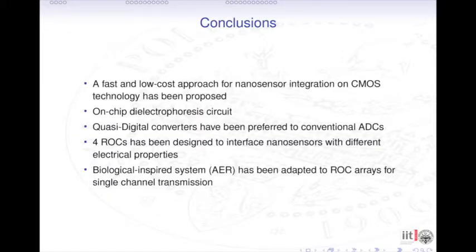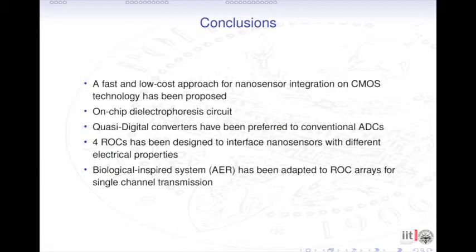Okay, taking conclusions, in this presentation I showed a fast and low-cost approach for integrating nanomaterials on CMOS based on dielectrophoresis, and an integrated solution for dielectrophoresis has been presented, which allows us to design a multi-sensor and high-density array on a single chip.